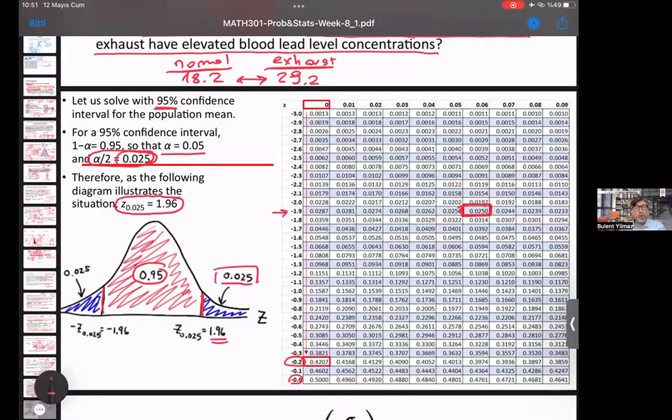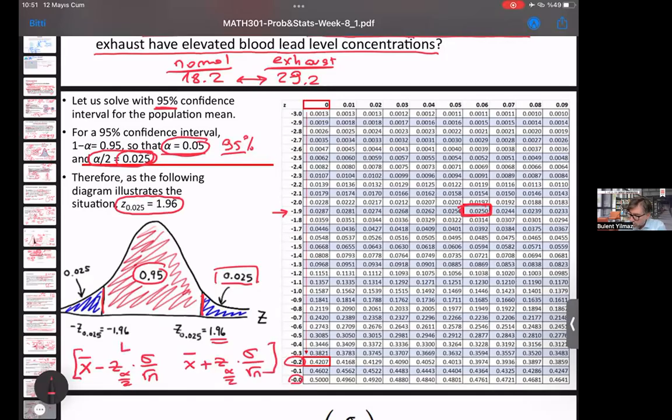So if I tell you my alpha is 0.05, or I'm using 95% confidence, the z value you use in this confidence interval formulation is 1.96. Do you remember the formulation? X bar minus z alpha over 2 times sigma over root n is my lower bound, and the upper bound is x bar plus z alpha over 2 times sigma over root n.